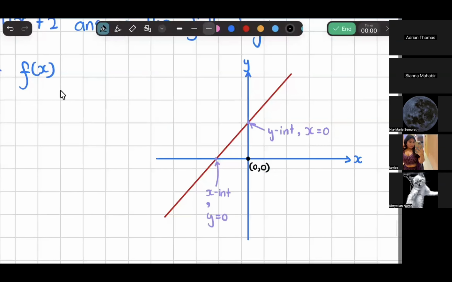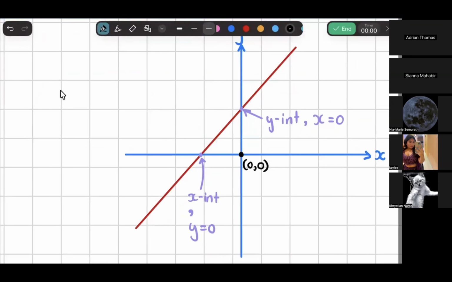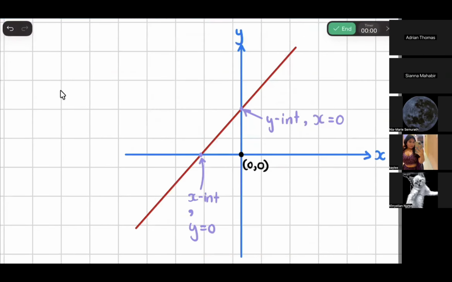If you're on the y-axis itself, what is 0? The x value or the y value? Remind me. Y. Nah, the y value can't be 0, because think about it. If you're somewhere on the y-axis itself, then that could never be 0. The y value would have some value. The x value would be 0.